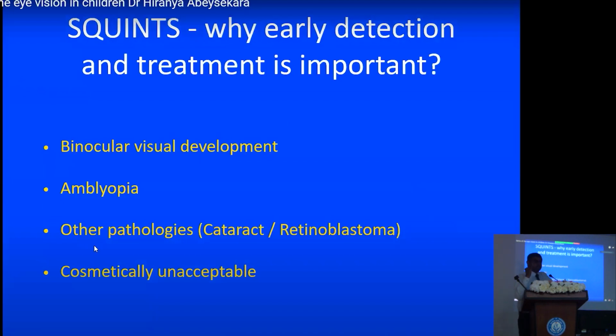a squint can be a feature of sinister ocular pathology or a systemic pathology, right? So just because the child is very small, very tiny, you cannot say you can't examine the child.